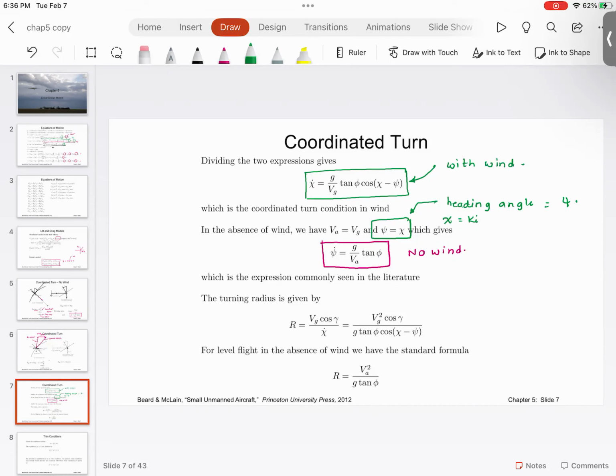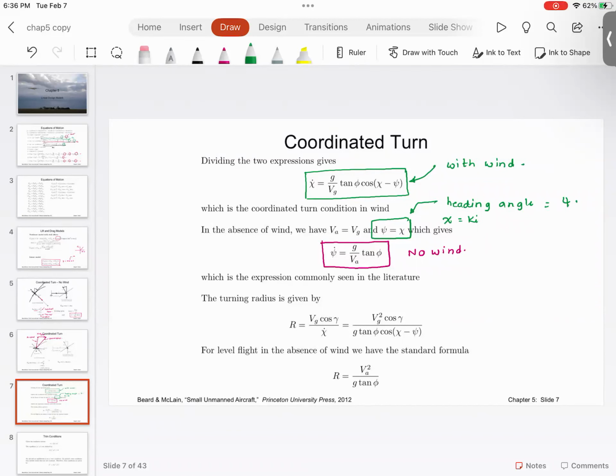Then the turning radius is, again, just like the cornering radius for a car. If you have a car with a small wheelbase, you can turn it quickly. If you have a car with a large wheelbase, you will need a larger radius. Something similar to that, the aircraft has a turning radius.